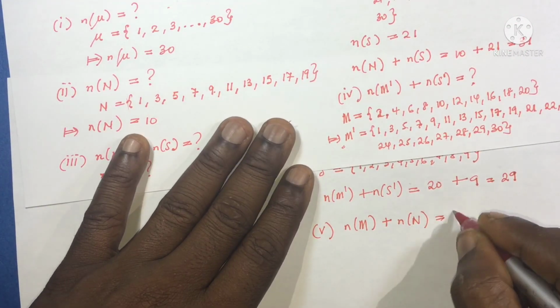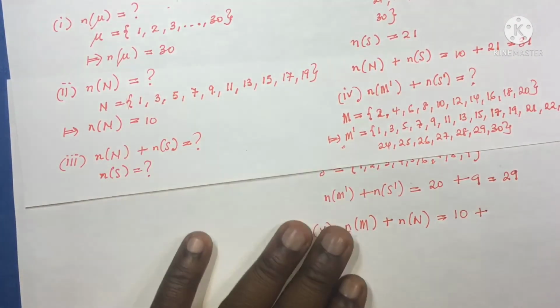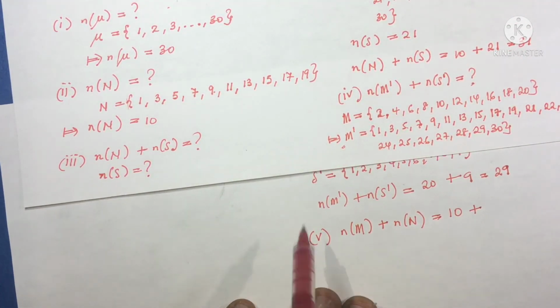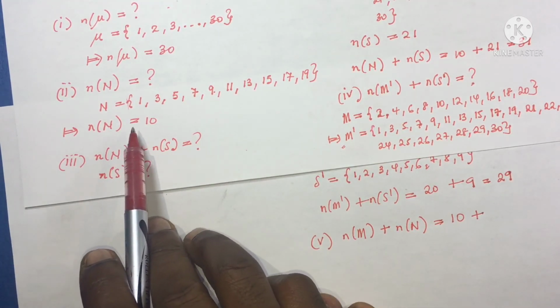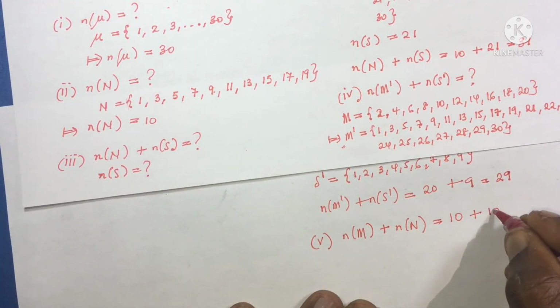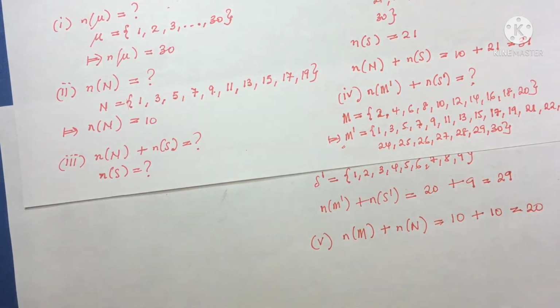So that will be 10 plus n(N). We obtained n(N) to be 10. So this will be 10 plus 10, giving us 20. So you go over all we have solved in this video, and I'll see you in our part 2 video on the solver series on set theory.